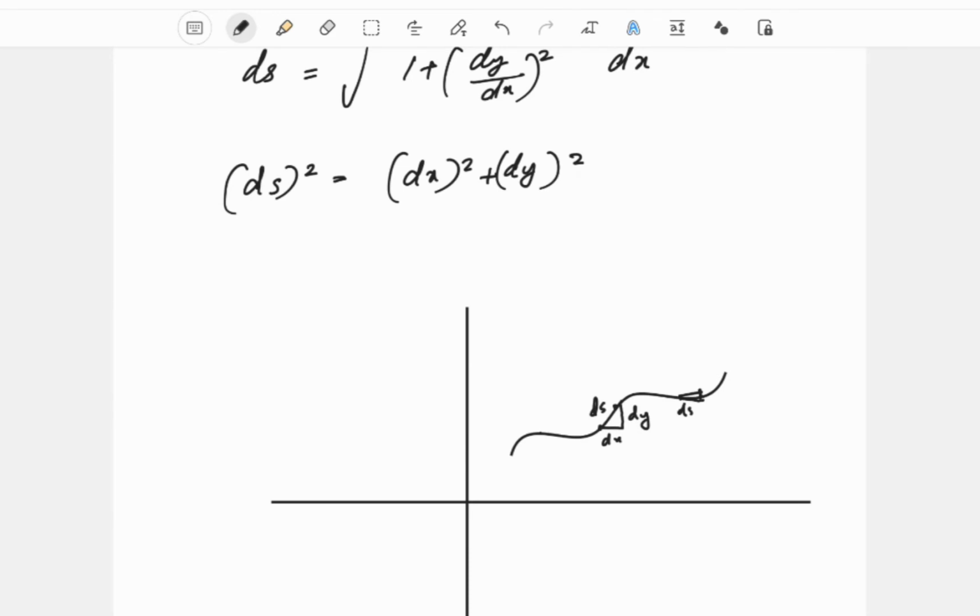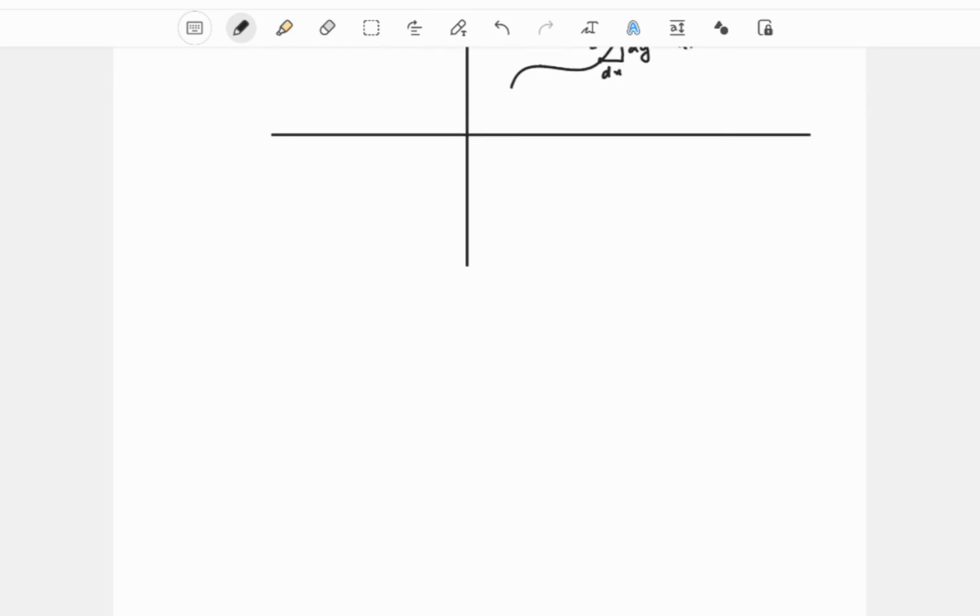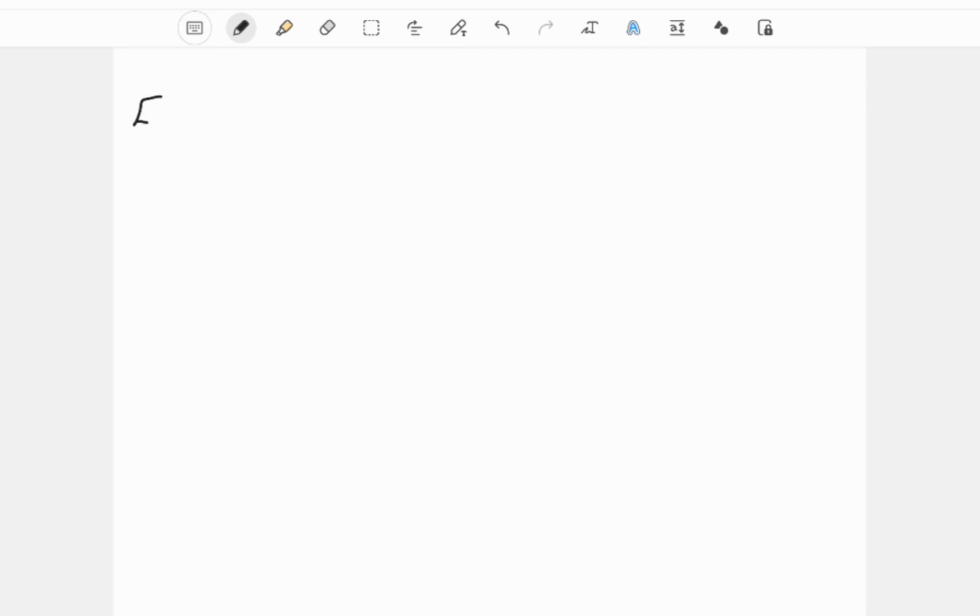That is, if x changes by a very small value, then the differential ds gives us an approximation to the arc length itself. We can have some examples. We can use the differentials to obtain approximations of the arc lengths. Example 1.